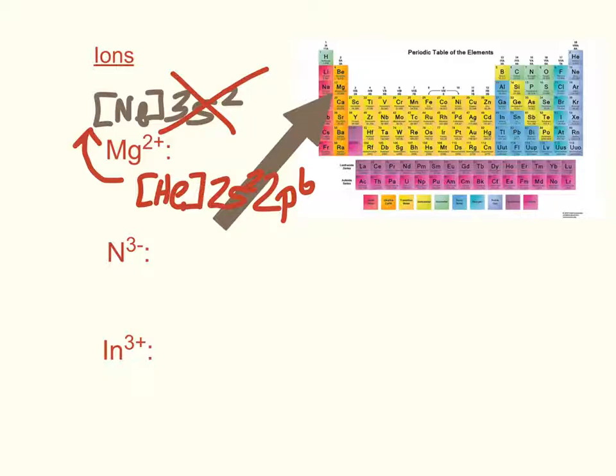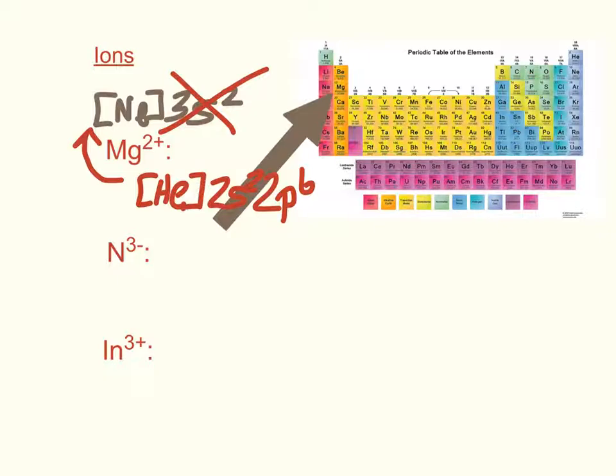So next one we've got, I chose a cation and then an anion, and then something maybe a little bit more tricky. So we've got N3-. If I try to find my N3-, N is right here. It's element number 7. And I need 3-, which means it's going to gain 3 electrons to be isoelectronic to a noble gas.